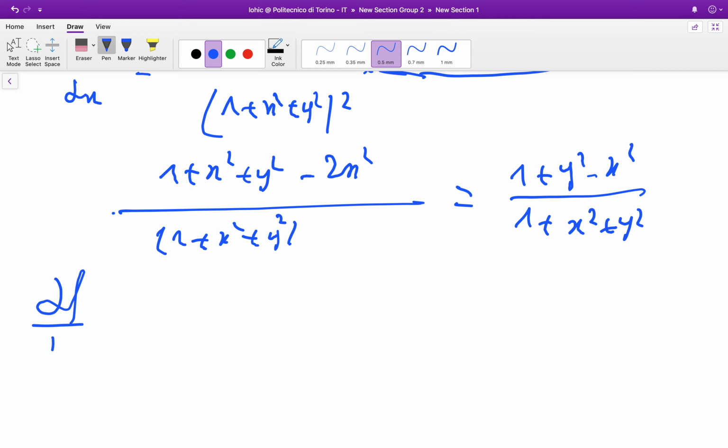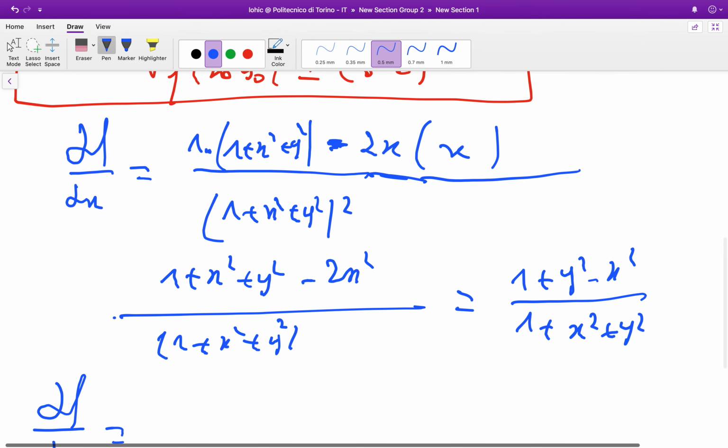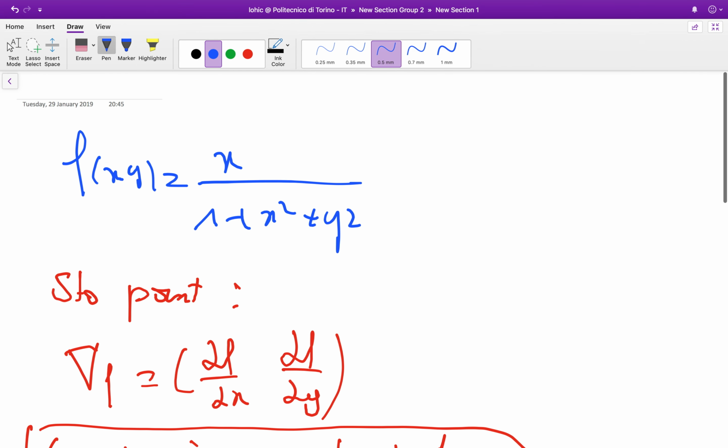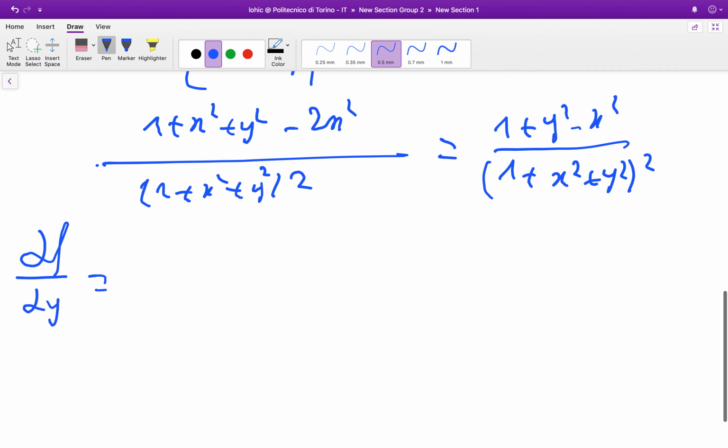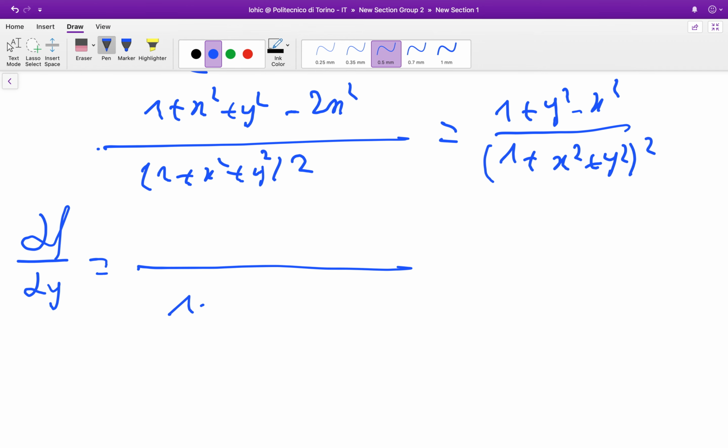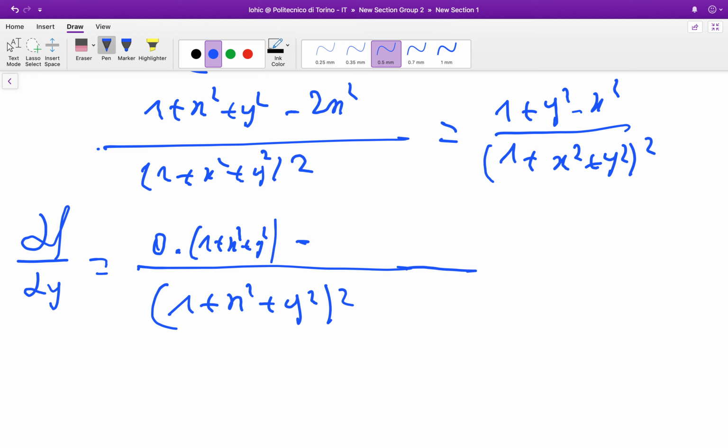Then the derivative of f with respect to y. The denominator will still be 1 plus x squared plus y squared, all squared. The numerator will be 0 multiplied by 1 plus x squared plus y squared, minus the derivative of the denominator with respect to y, which is 2y, multiplied by x.